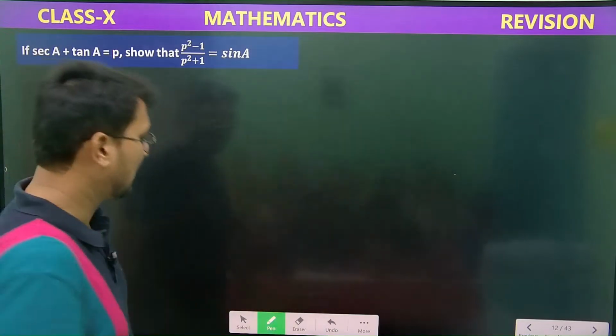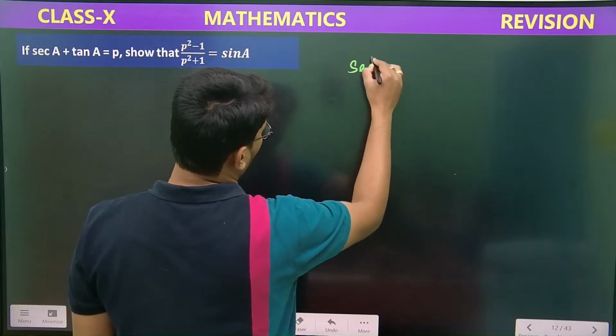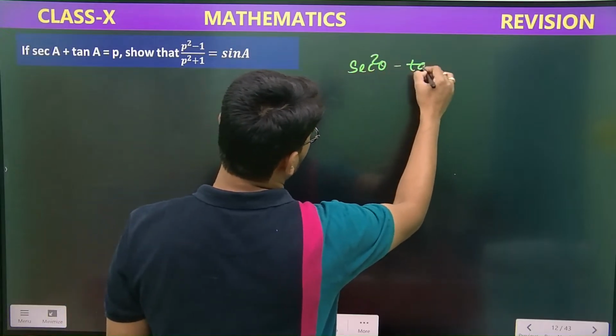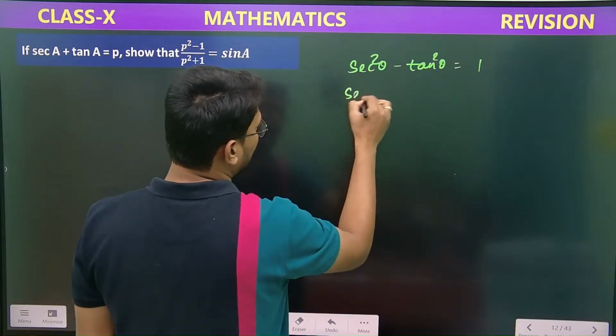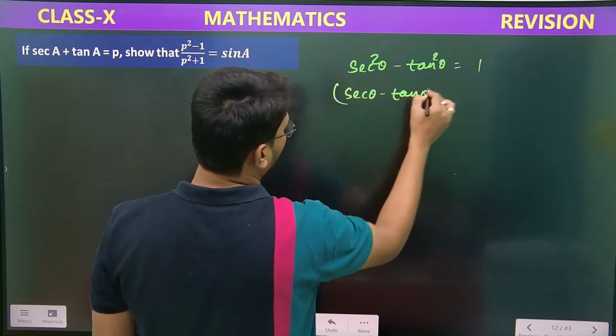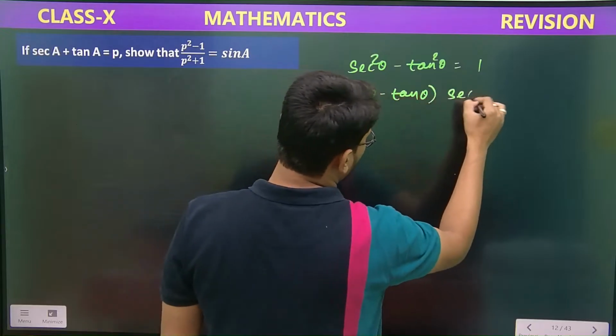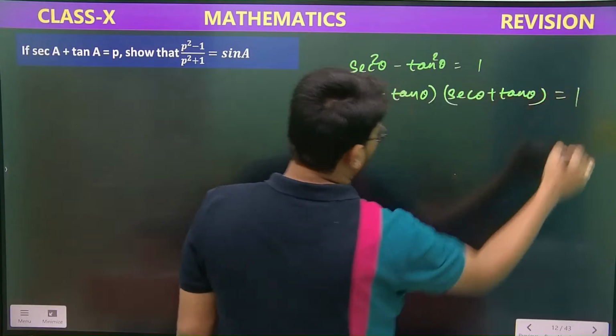Done. Chalo. See, bacho, as I said you know, sec square theta minus tan square theta is what? 1. So I can write now this is sec theta minus tan theta into sec theta plus tan theta. Yes or no? That is also 1.